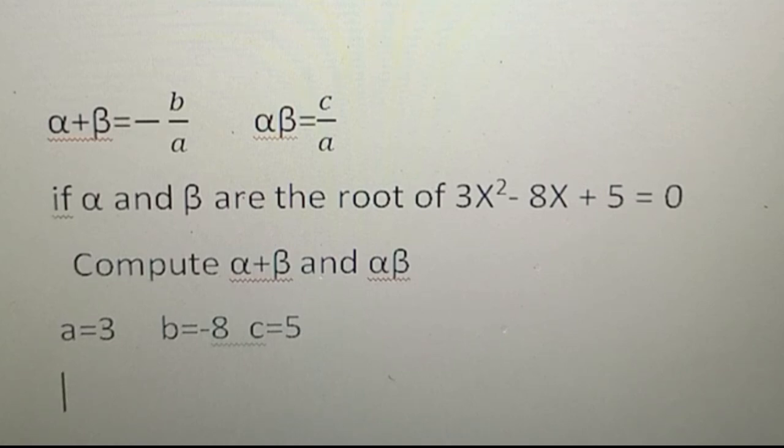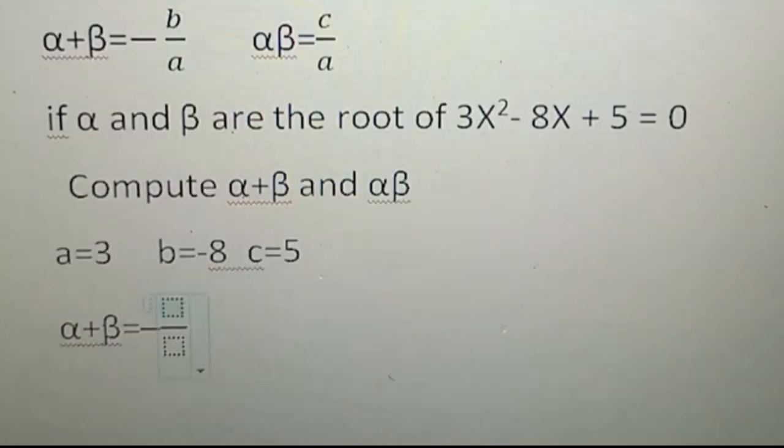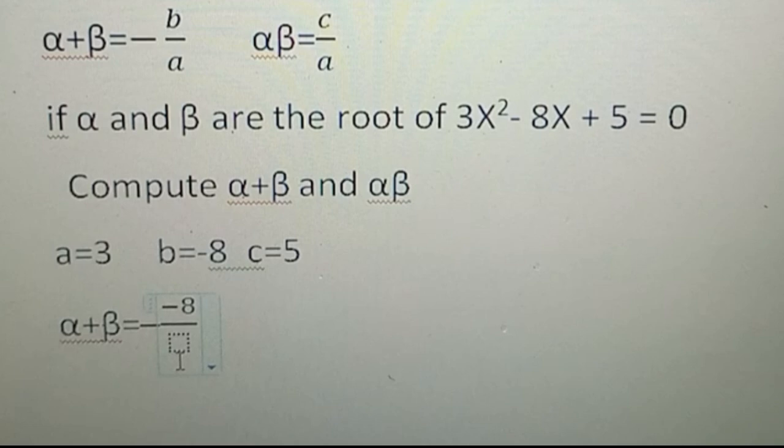Okay, let's have our solution. To find our solution, we have to find alpha plus beta and alpha beta. Let's start with alpha plus beta. We all know that alpha plus beta is negative b over a. Our b is negative 8 and our a is 3.